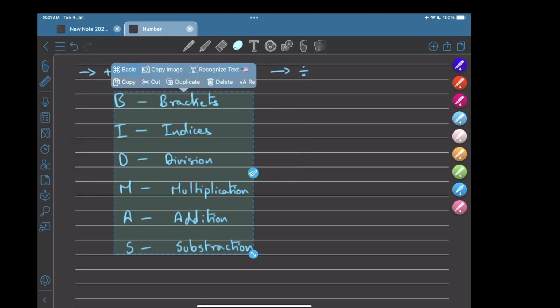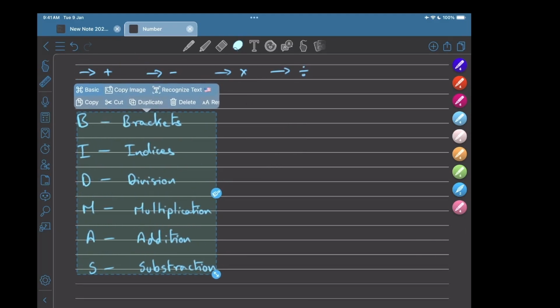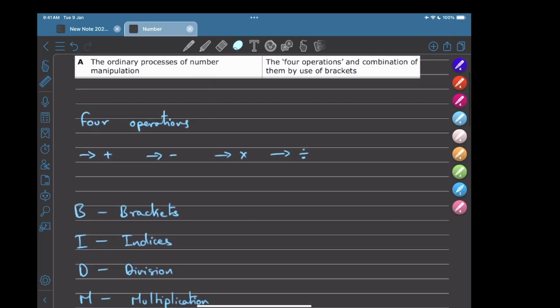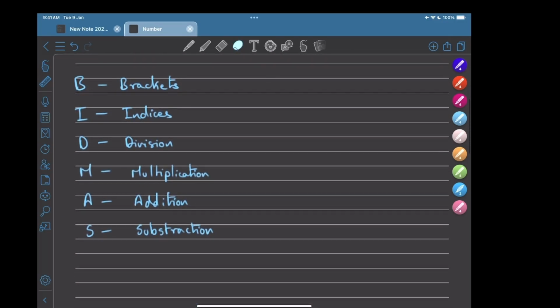So this is the second thing that they require you to know, which is the BIDMAS rule. The BIDMAS rule is basically the level of priority you need to give when you are given a question that consists of brackets, indices, and so on. You cannot just simply do whatever you wish.